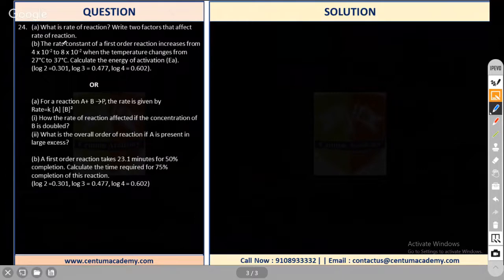Yes. See, Purvik, Sanjana, when you said concentration, concentration of what? That's what you have to write down. Temperature is fine, and concentration of reactant. You have to mention that.